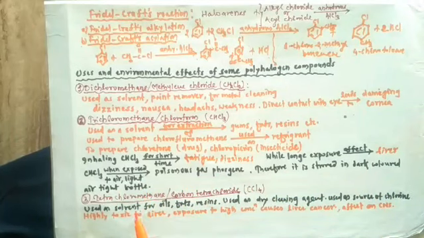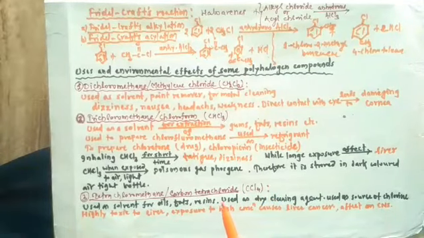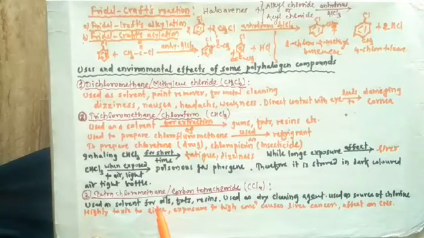Then the next compound is tetrachloromethane or carbon tetrachloride, that is CCl4. This carbon tetrachloride is a colorless liquid with a sweet smell. It is used as a solvent for oils, fats, resins.